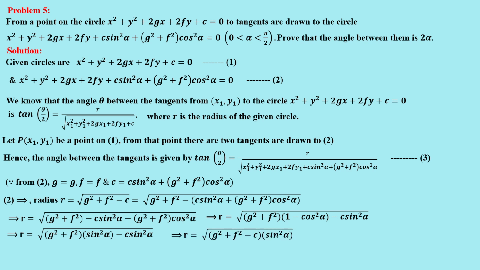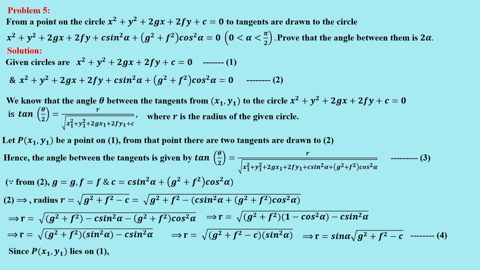Taking sin square alpha common, inside the square root we have g square plus f square minus c into sin square alpha. So r is equal to, taking sin square alpha outside the square root, sin alpha root of g square plus f square minus c. That is equation number 4.